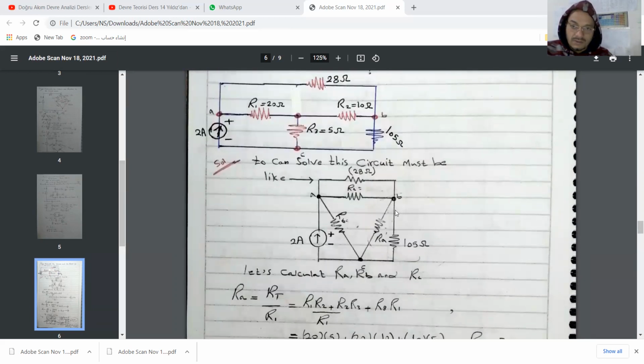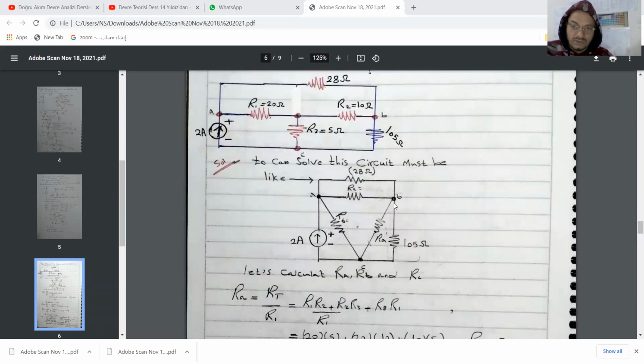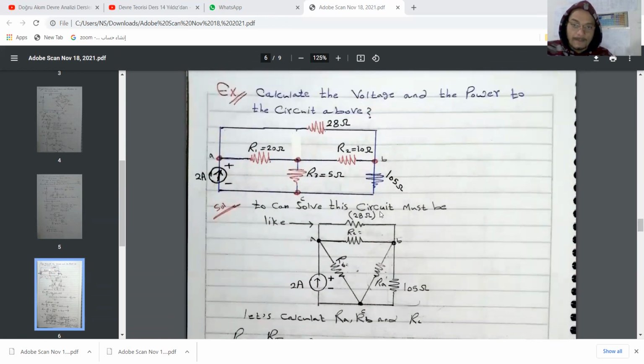RB equal RT divided by R2, the total divided by R2.